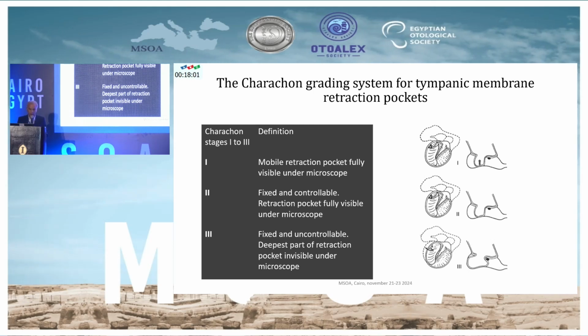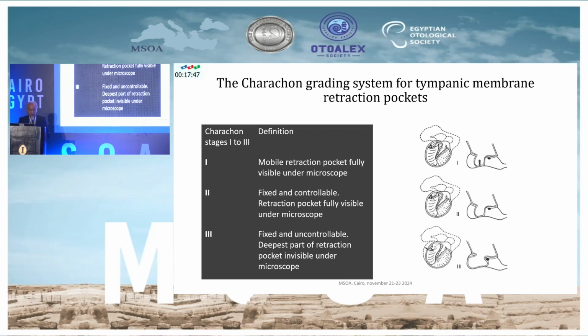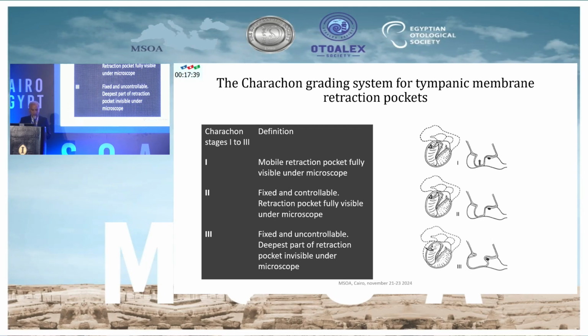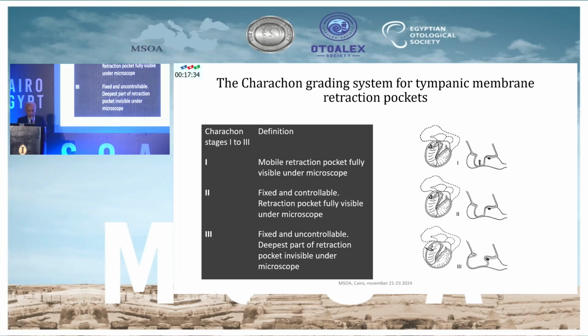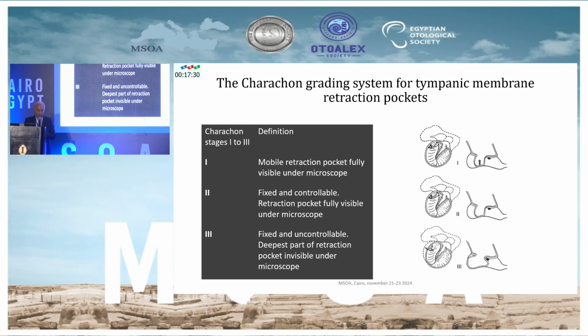He classifies retraction pocket in 3 stages. Stage 1, mobile retraction pocket fully visible under microscope. Stage 2, fixed and controllable retraction pocket fully visible under microscope. And stage 3, fixed and uncontrollable, deepest part of retraction pocket invisible under microscope.